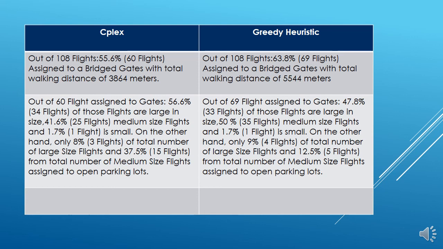And here is where we made the difference in the walking distance in the greedy heuristic, because we assign more medium size flights to the bridge gate. That's why we got more distance. While if we compare the large flights, the difference is only 1 between both CPLEX and the greedy heuristic. This is all about this algorithm, and thank you for listening.